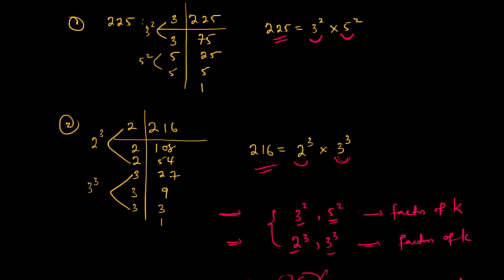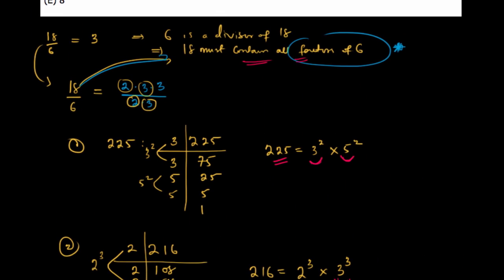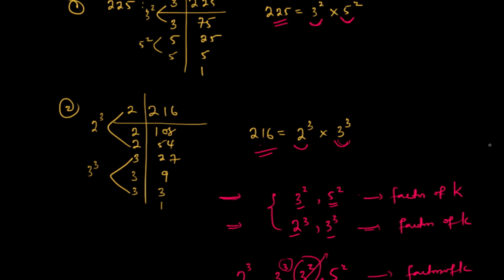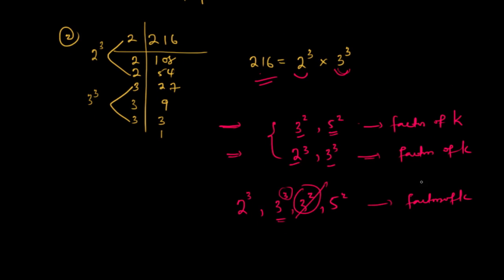Since we're told that this must be a factor, we have to choose the one that has the highest exponent anyway. So this is going to be 2 cube, and then we have 3 cube. And we have 5 squared to be a factor of k. So yes, that is what we know.